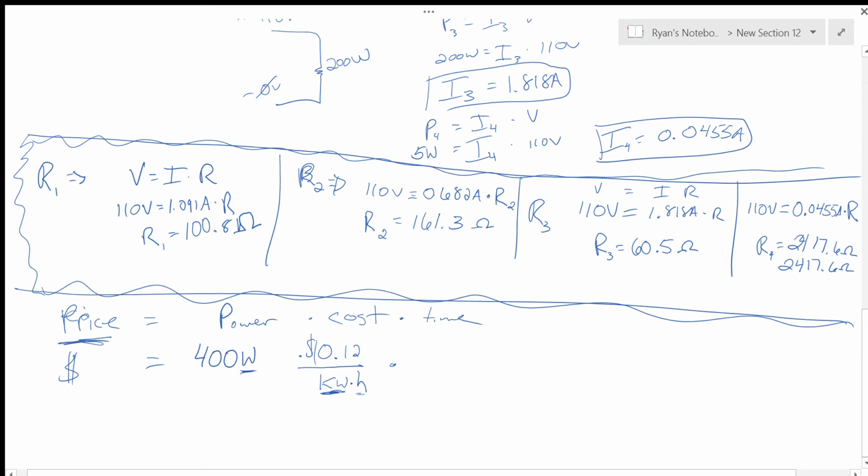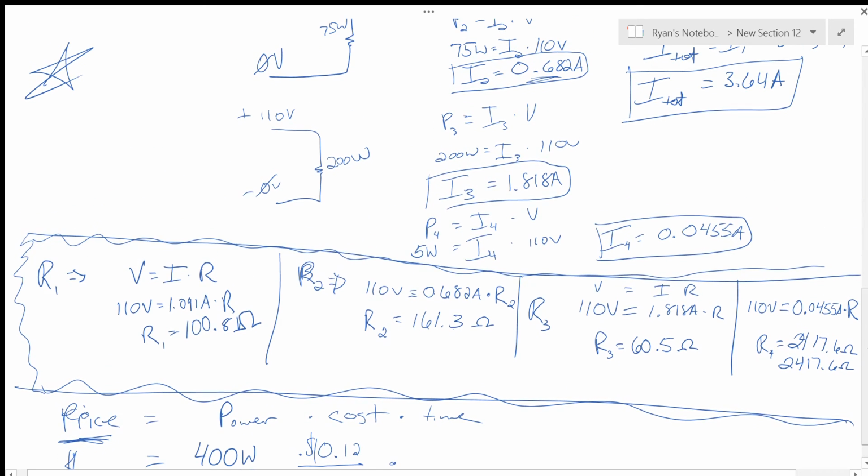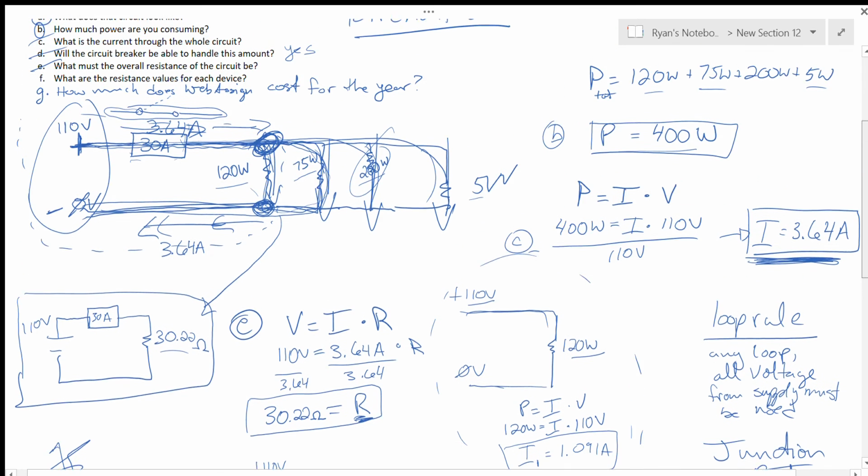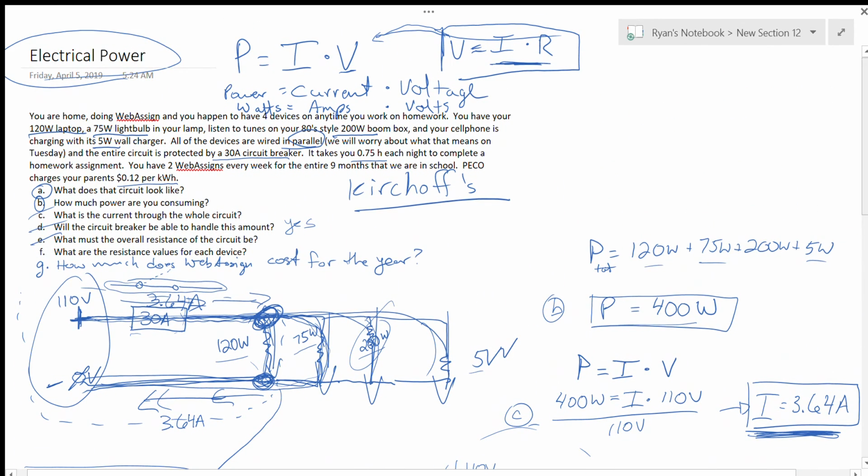So for your particular homework assignments, it says what? Let's see. For a full 9 months, and I'm assuming 4 weeks in a month, by the way, you do 2 WebAssigns every week. They each take 3/4 of an hour, and you do this for 9 months. 9 months is the same as saying what? 32 weeks?